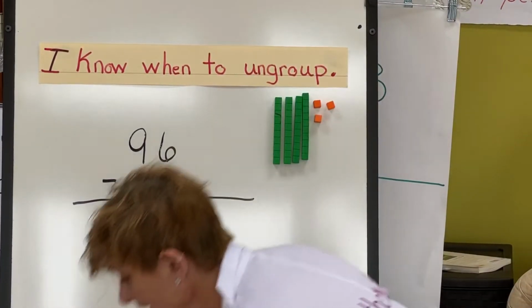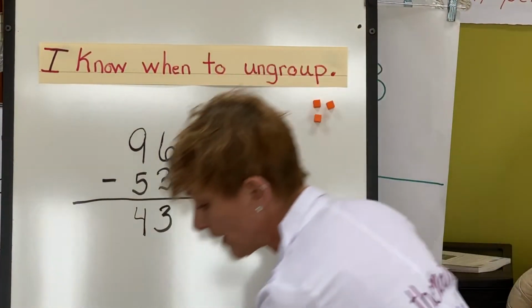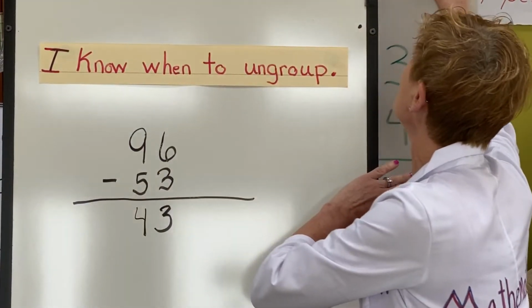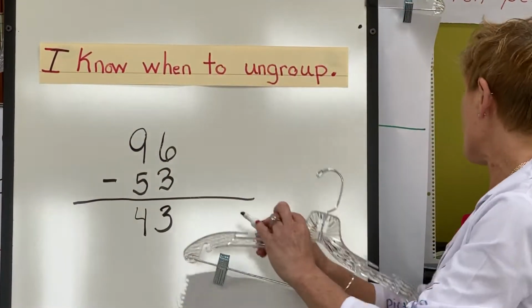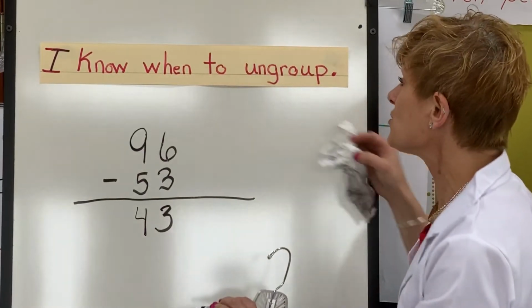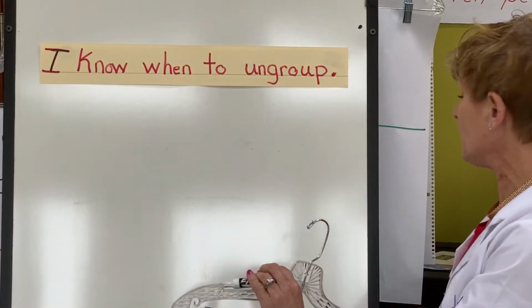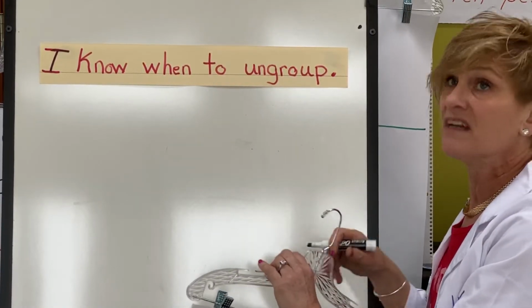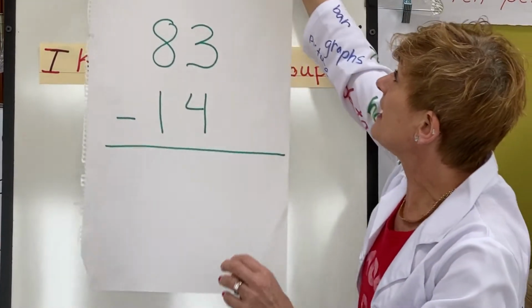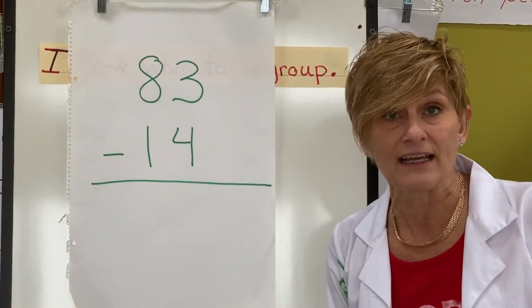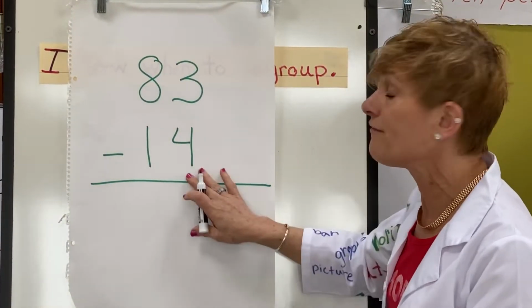So friends, right now, if you want to, you can take out your whiteboard that you have at home and try this one with me. Let's remember, we're deciding, when do I need to ungroup? On that problem, obviously, we did not need to ungroup. There were enough. Let's look at this one now. I have 83, and I'm going to be taking away 14.